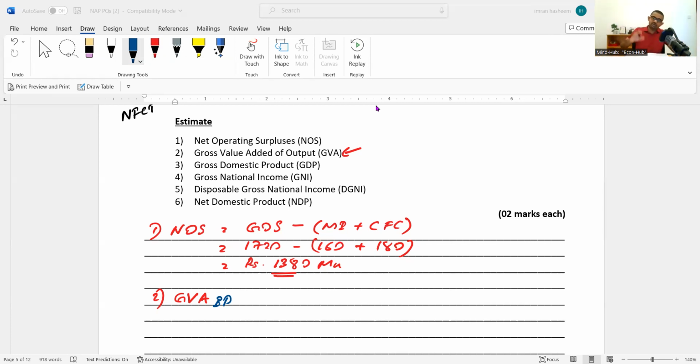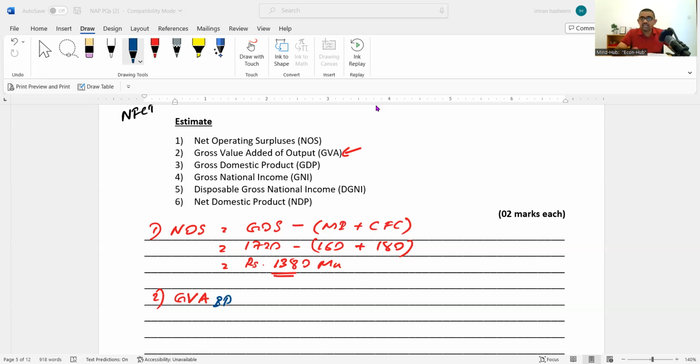If the professor wants GVA for some reason, listen, attention, put this into your head. In a question, if the question requires, if the professor wants you to estimate GVA at market price, the professor has to say market price.